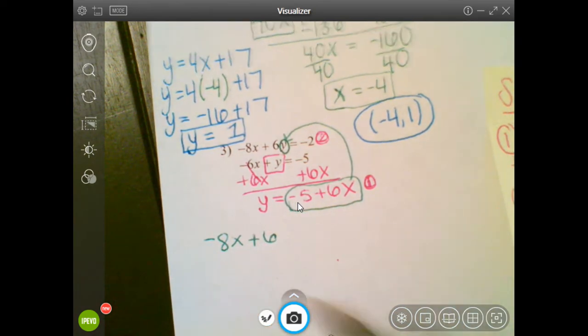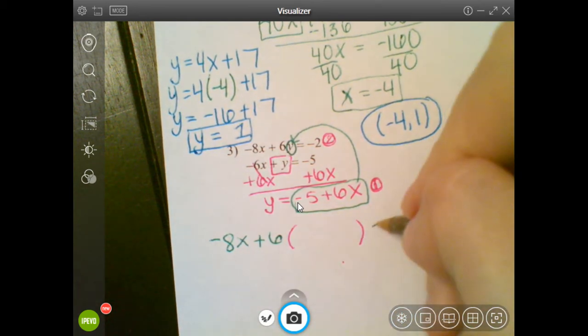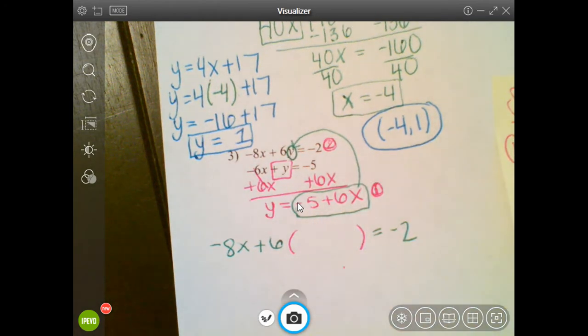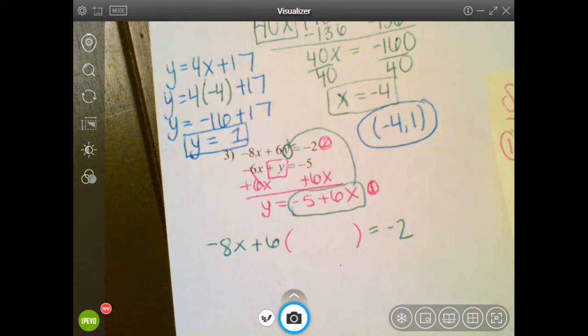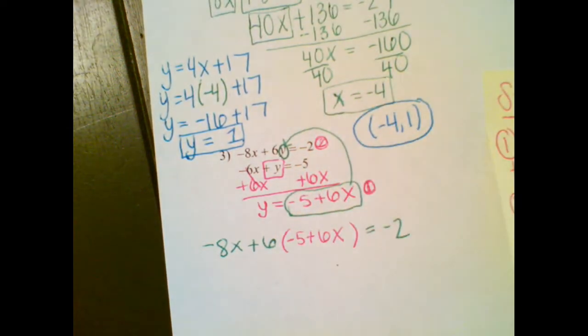Now I see the y, so that's where I'm going to plug something in. My equal sign stays, and my -2 stays. So what am I going to plug in? I'm going to plug in exactly what is there, -5 plus 6x. So -5 plus 6x. So sometimes you're going to have to solve one of the equations in order to be able to get y by itself.